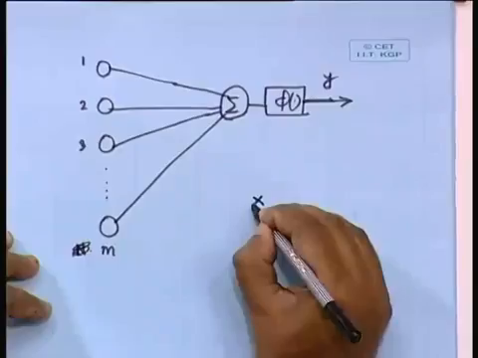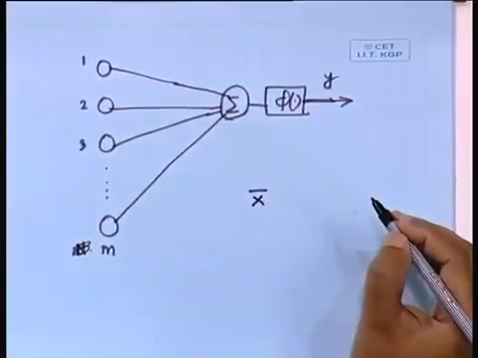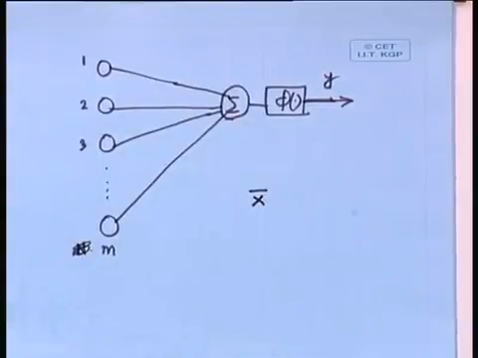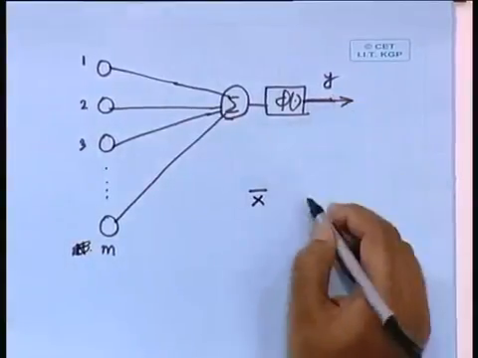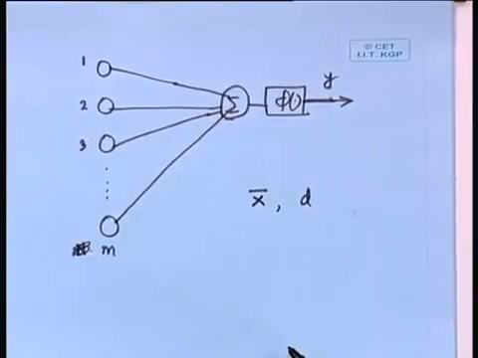Mathematically, we can call this pattern a vector, an x vector. For an x vector we are obtaining a desired output, that is d.